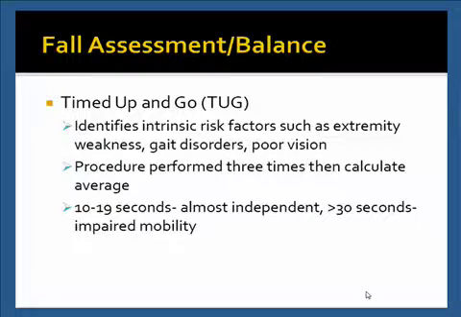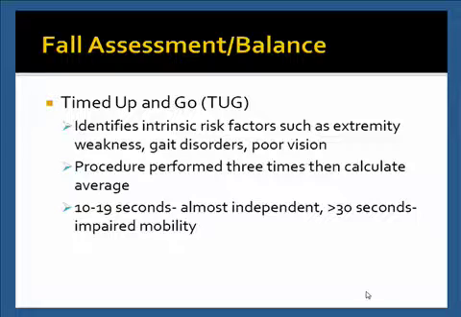So thus far, in my assessment, I've talked about assessing posture, range of motion, or flexibility. I've talked about how we assess strength, and next we will assess their balance.